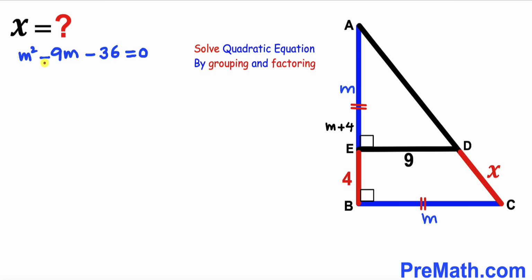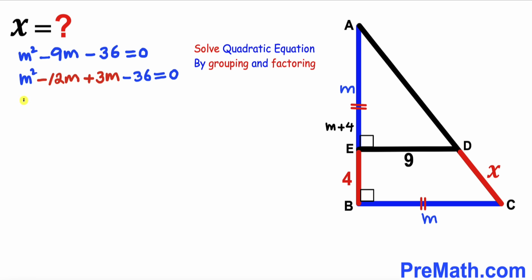Let's focus on this middle term. We are going to tweak it. Negative 9m could be written as negative 12m plus 3m, and negative 12 times positive 3 indeed gives us negative 36. In the next step, I have replaced the middle term. We have m in common between the first two terms, and 3 in common between the other two terms.